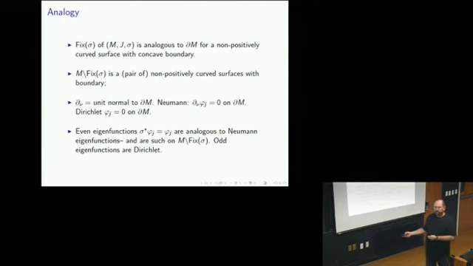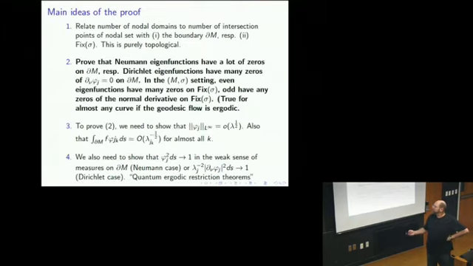When you take the normal derivative, it becomes odd, and odd things vanish on the fixed point set. An odd eigenfunction is Dirichlet. An odd eigenfunction switches sign under the involution. The fixed point set is fixed under the involution, so the odd eigenfunction is 0 on the boundary. It becomes a Dirichlet eigenfunction. So this is the analogy.